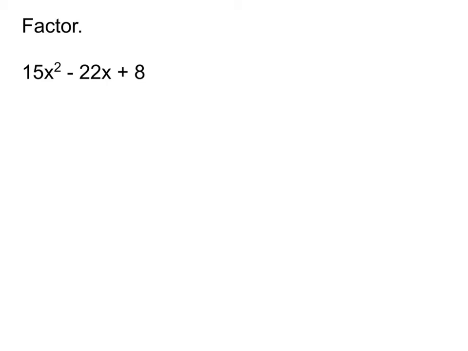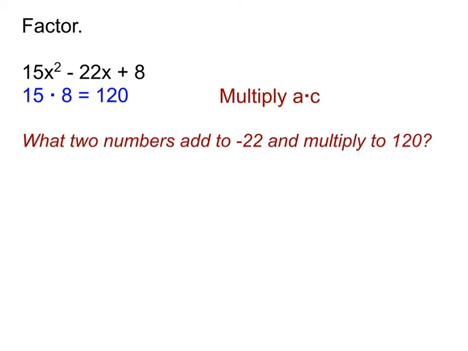So in order to use the grouping method, the very first thing you need to do is multiply your a and c values. Remember that a is your quadratic coefficient and c is your constant. So in this case then, 15 times 8 gives us 120. All right, now that we know that, we can actually go back to the normal idea of what adds to this and multiplies to this.